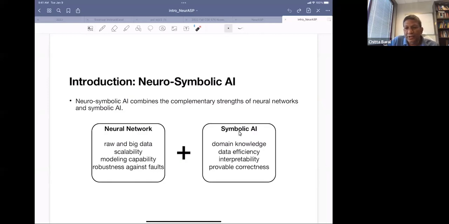And these slides actually come from Jun's slides. So neural networks can have raw data, big data, scalable. They can be much more robust, while symbolic AI has the positive of domain knowledge, and you can prove correctness and so on.